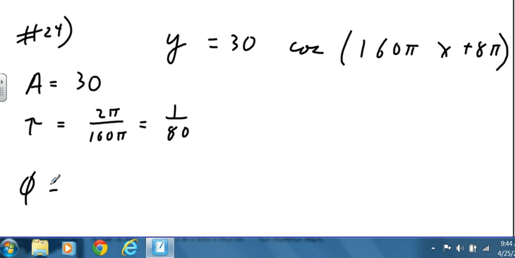The phase shift, minus 8 pi divided by 160 pi, is 1 over 20. The phase shift is minus 1 over 20.